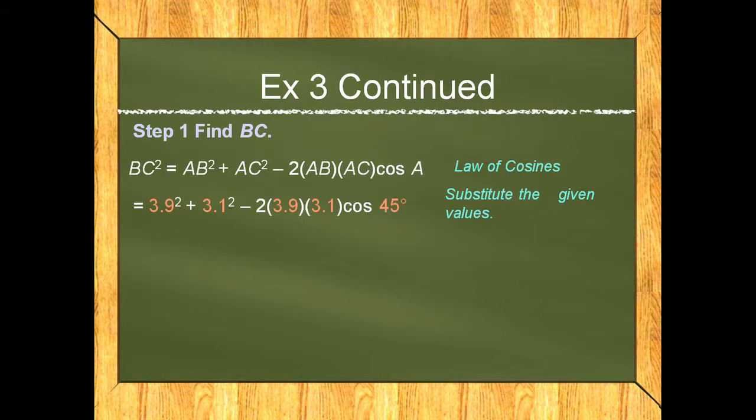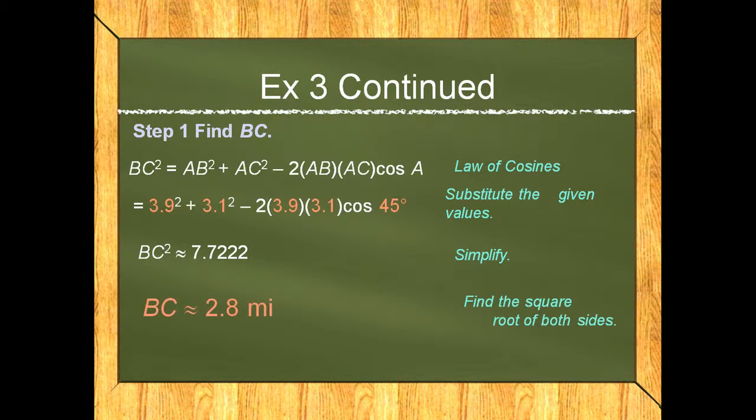Because all of the values on the right-hand side are known, all we have to do is push this into our calculator. BC squared is approximately 7.7222. Then we take the square root, and we get that BC is approximately 2.8 miles.